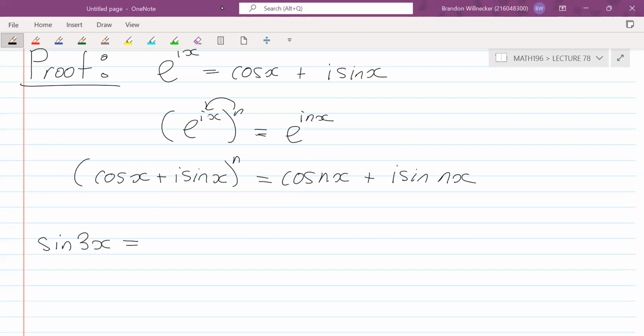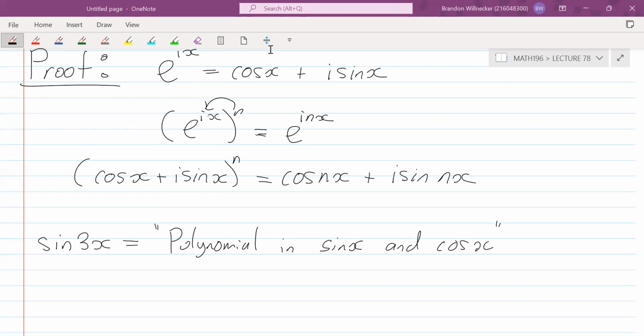So this is going to be equal to a polynomial in sin x and cos x. We replace 3x with just x, but to do that, we have to write it as a polynomial in those variables sin x and cos x.